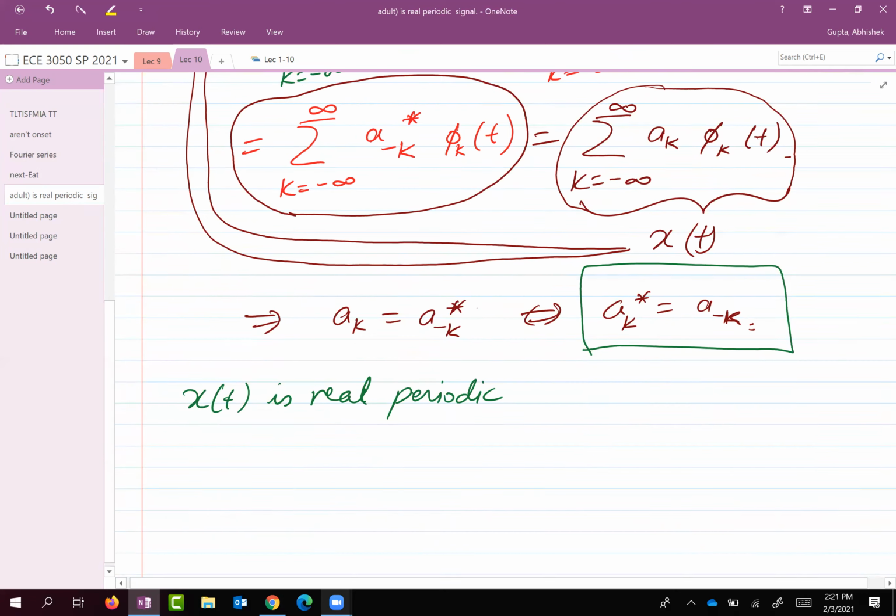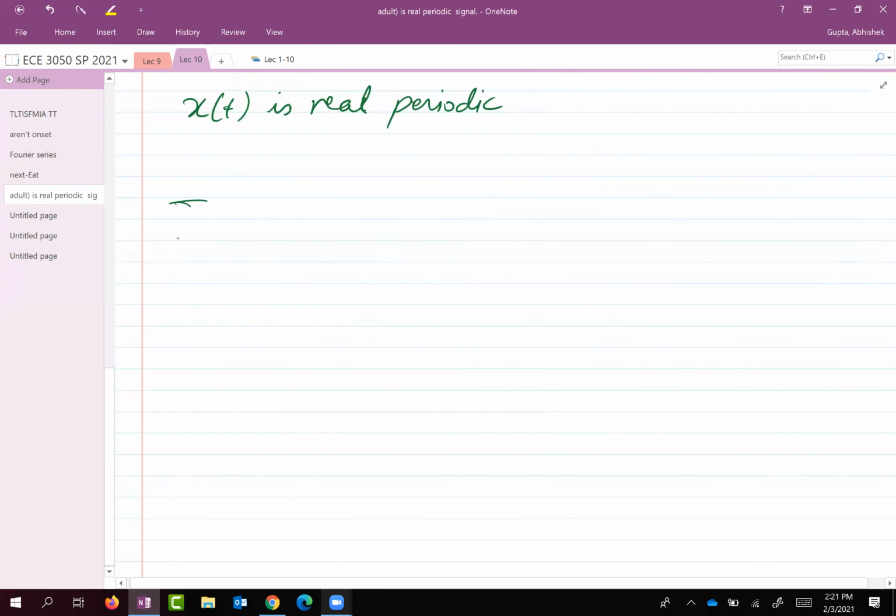So let's look at it. I have summation of a k star phi minus k of t, k goes from minus infinity to infinity. Let's define k prime equals minus k. So what do I get? k goes from minus infinity to plus infinity, so k prime will go from plus infinity to minus infinity. But of course, you don't write it going from plus infinity to minus infinity.